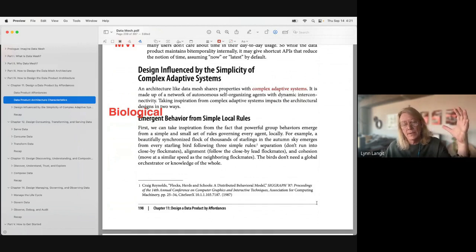They go up, they do something, they go down, they die. You get a new one, it goes up, it goes down. It's much more biological than mechanical.